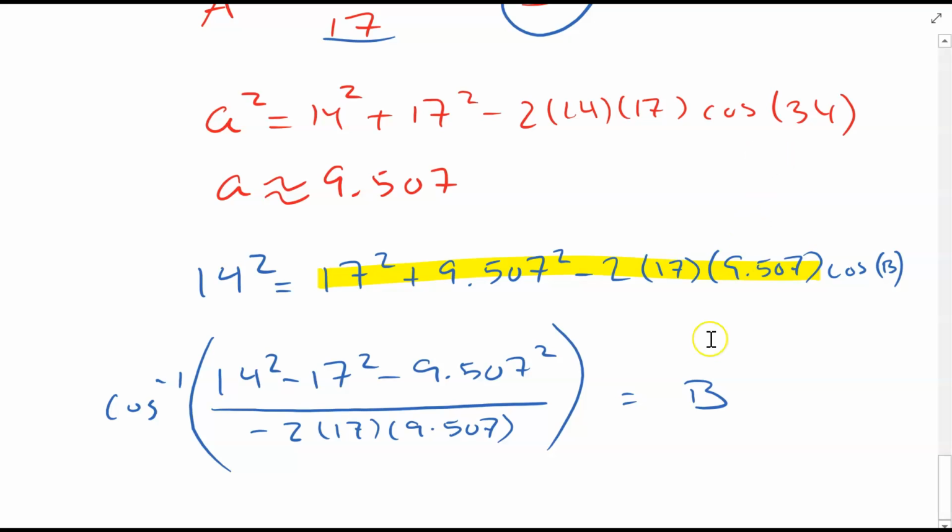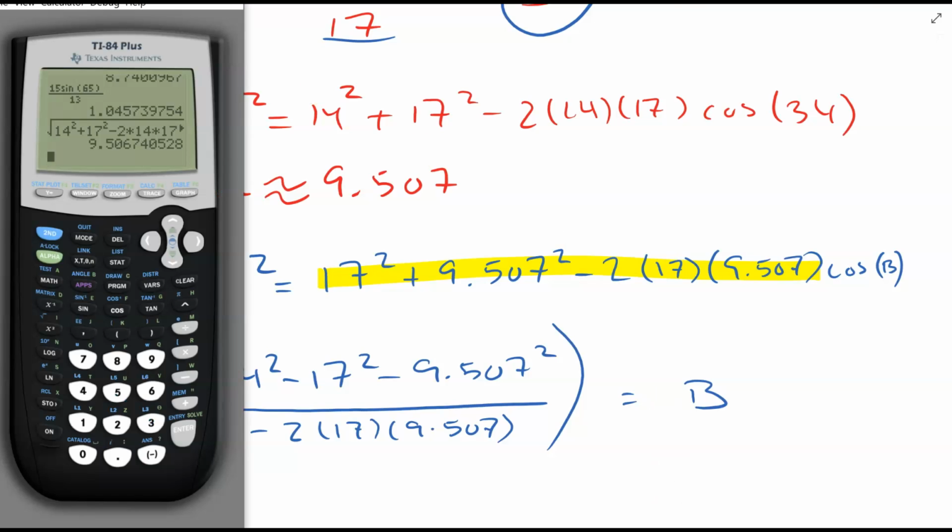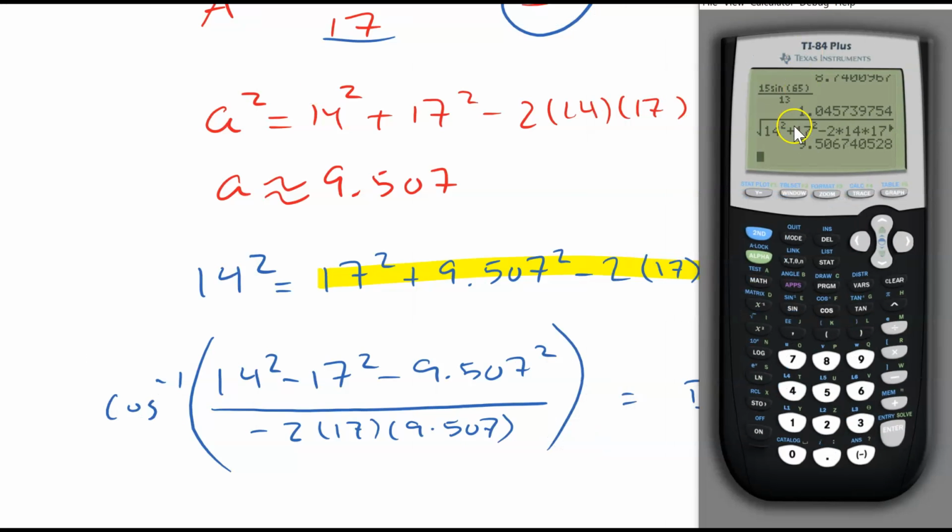All right, so let's go to our calculator and type this in. So I'm going to have cosine inverse. Then I'm going to get that fraction command. This is a problem where that fraction command comes in mighty helpful.